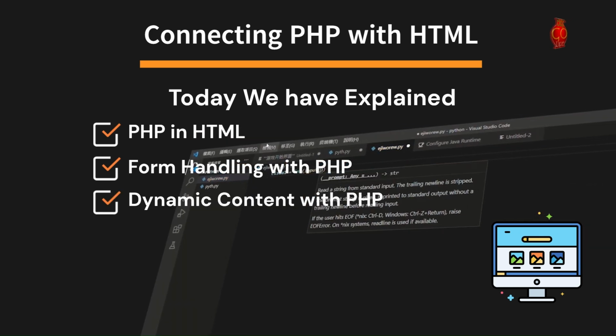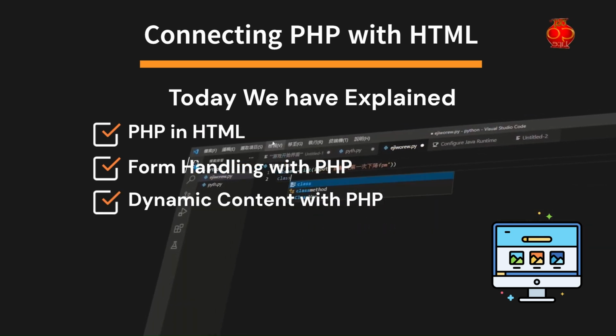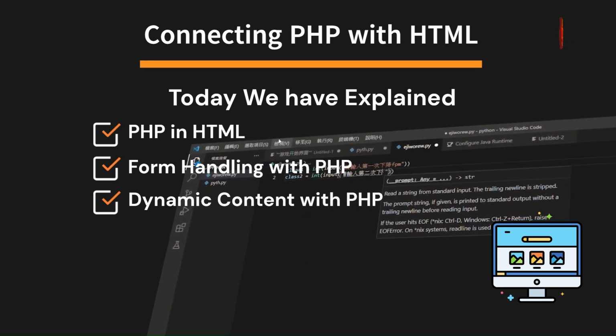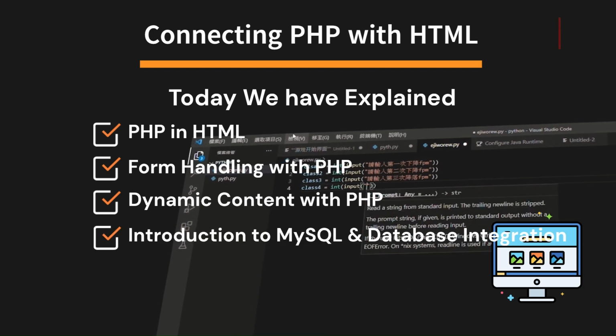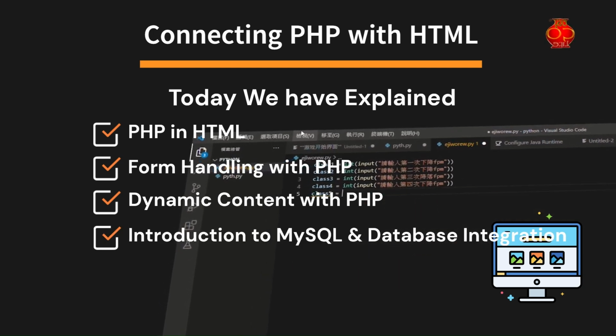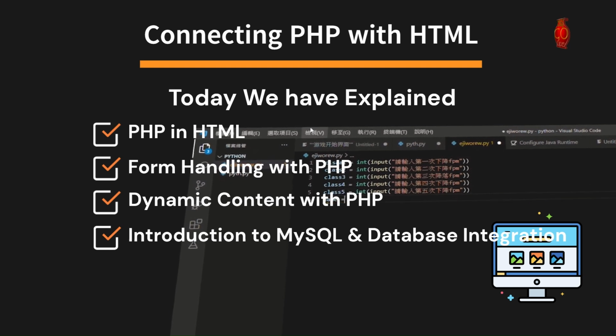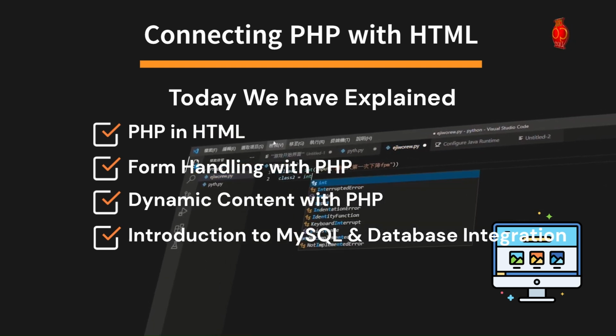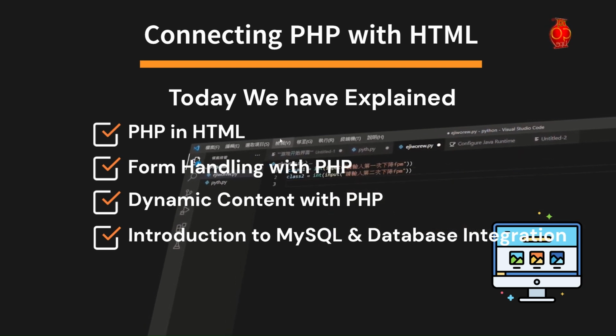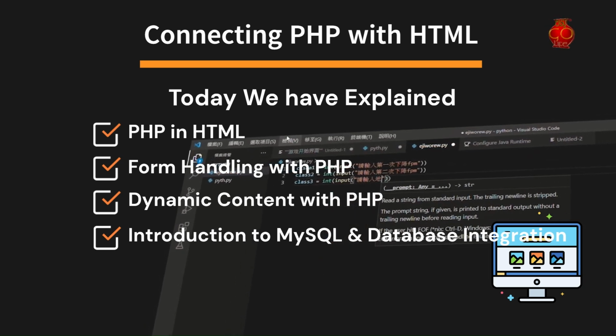We covered creating dynamic content that updates in real time, such as displaying the current date, which enhances user engagement. Finally, we introduced the basics of MySQL and its integration with PHP, focusing on how to connect to a MySQL database and execute queries to manage data. With this knowledge, you'll be equipped to build more interactive and data-driven websites.